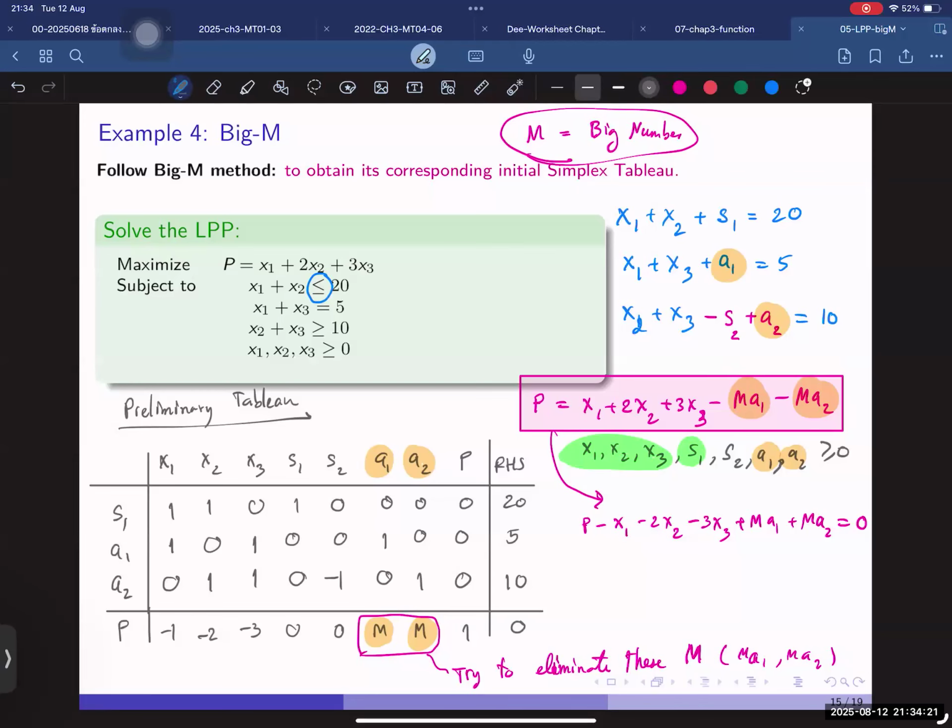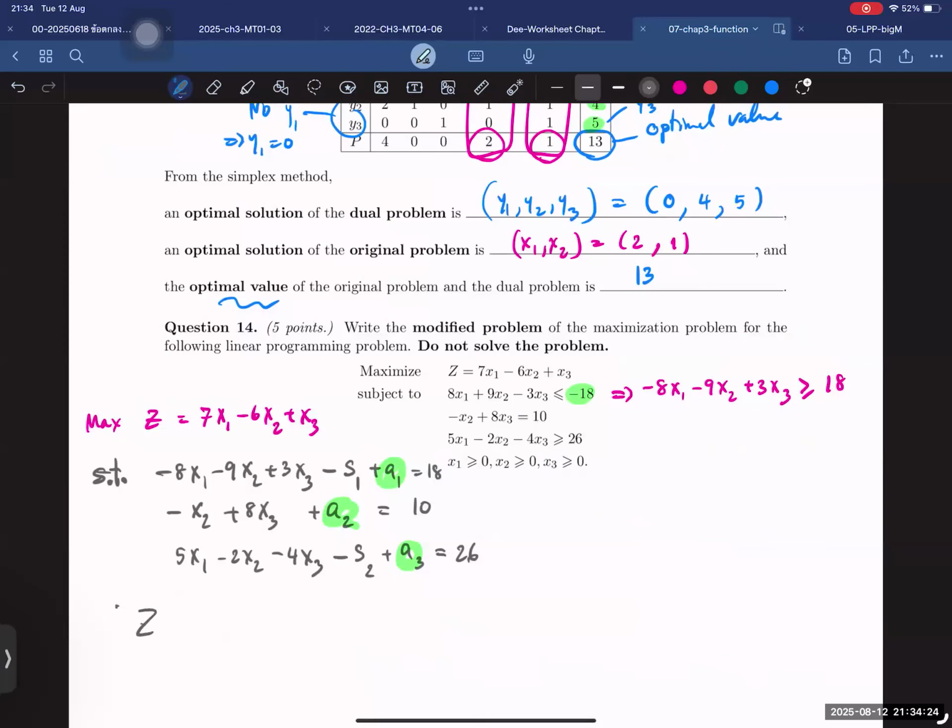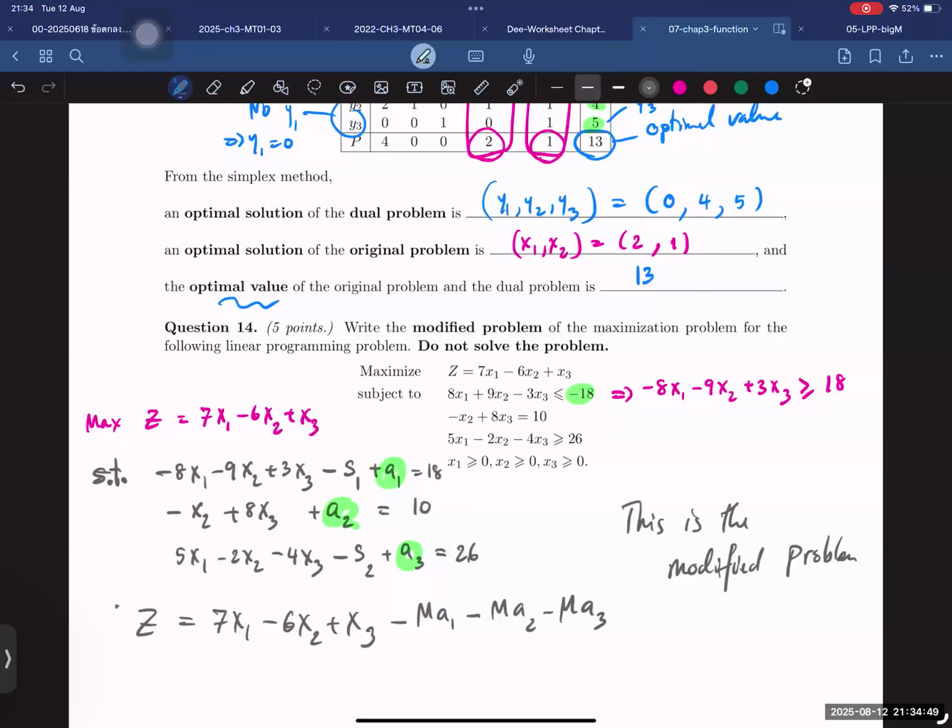So the C here is 7x1 - 6x2 + x3, and then you subtract off MA1 - MA2 - MA3. So that's it. This is the modified problem. They didn't ask for the solving. So that's it. Okay, big M showing up here.